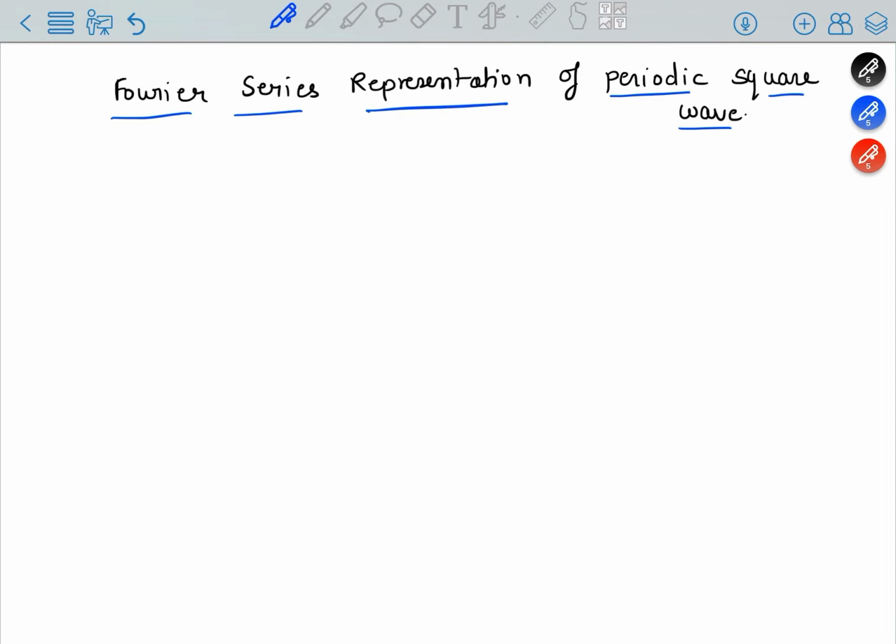So the definition of the periodic square wave is that x(t) is equal to 1 when mod of t is less than T1, and it will be 0 if mod of t lies between T1 and T by 2.